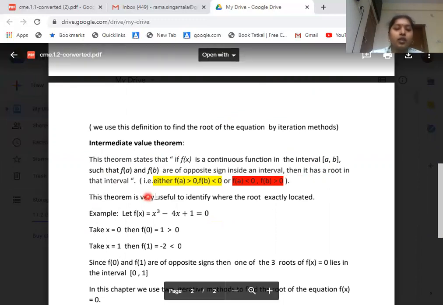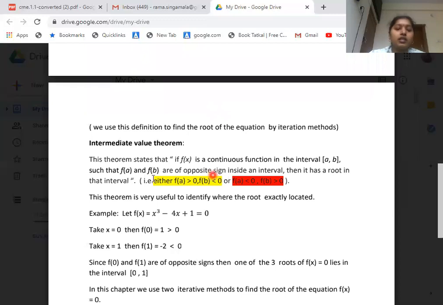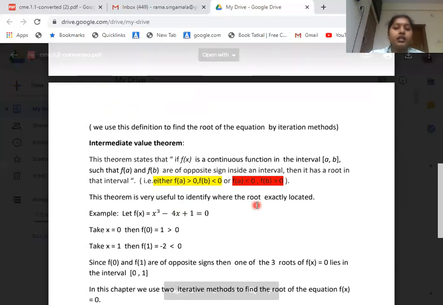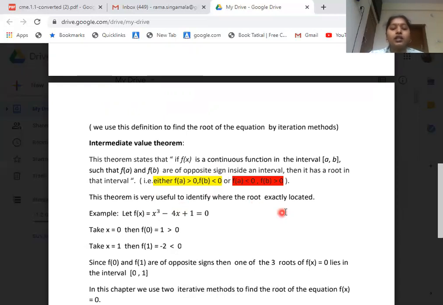That is, opposite signs in the sense, if f(a) greater than 0, then f(b) must be less than 0, or else if f(a) is less than 0, then f(b) must be greater than 0. This theorem is very useful to identify where the root exactly located. If this is identified once, then we can use our numerical methods to find the root of the given equation.